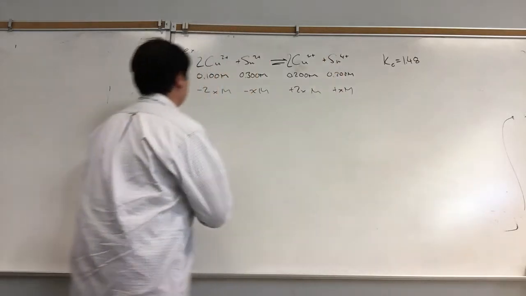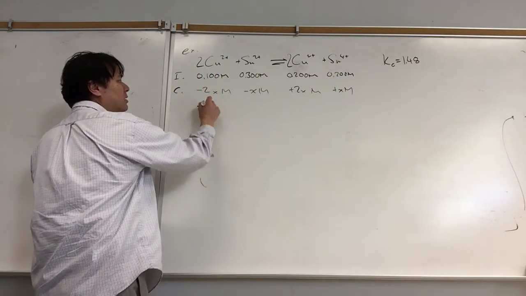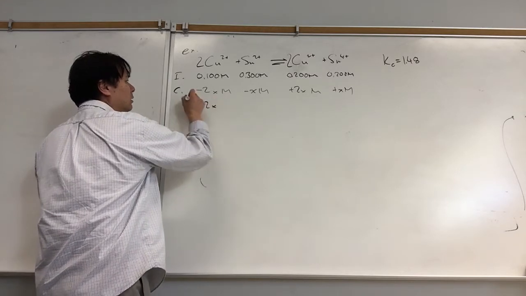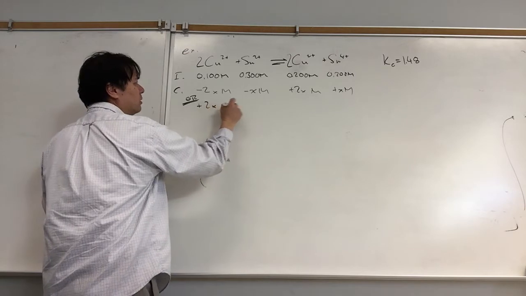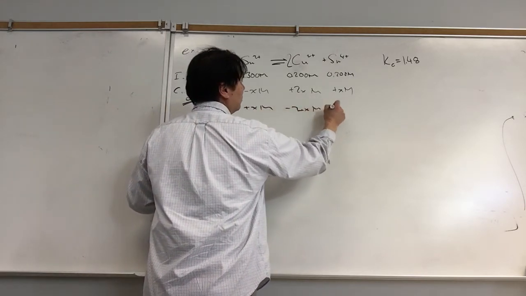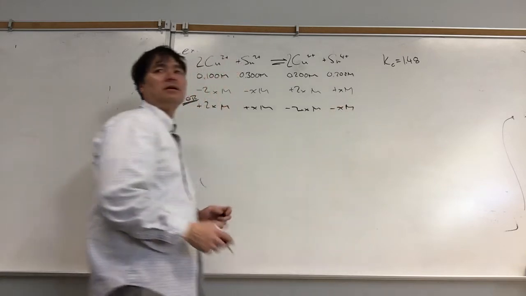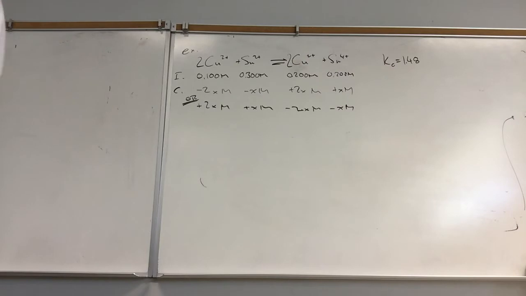And so it might actually not be this. It might actually flow to the left. That is, it might actually be plus 2x molar, plus x molar, minus 2x molar, minus x molar. Actually I don't really know, because it just kind of looks like it's going to go to the right, but I'm not 100% sure.